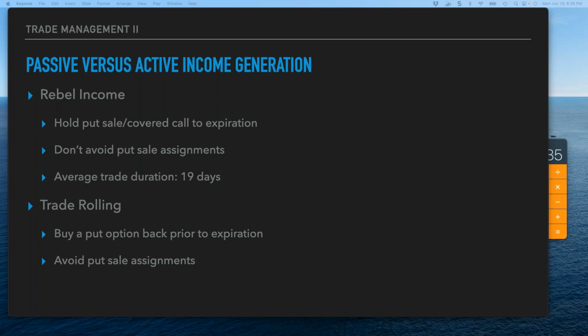Some of our more active traders may do this 2 or 3 times in the same amount of time that I place a single put selling trade. You can also apply this not only if the stock is moving against you, but also if it is moving strongly in your favor.